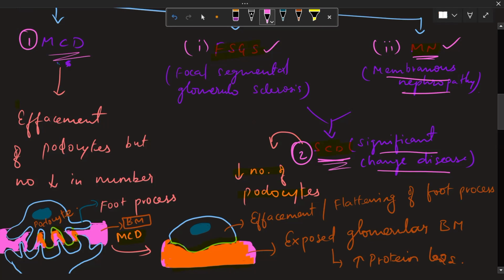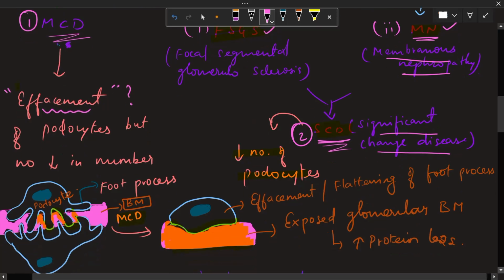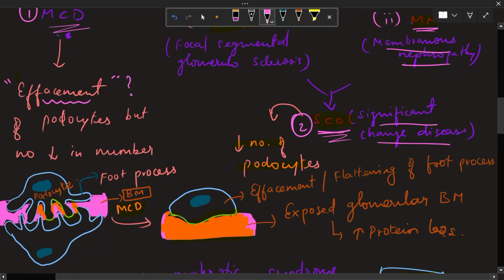Since in MCD there is only effacement of podocytes. I'll tell you in a short while what is meant by effacement. For now, just remember that in MCD there will be only effacement of podocytes, but there is no reduction in the number of podocytes. But in SCD, that is significant change disease, there is a reduction in the number of podocytes, which is more dangerous than effacement of podocytes.